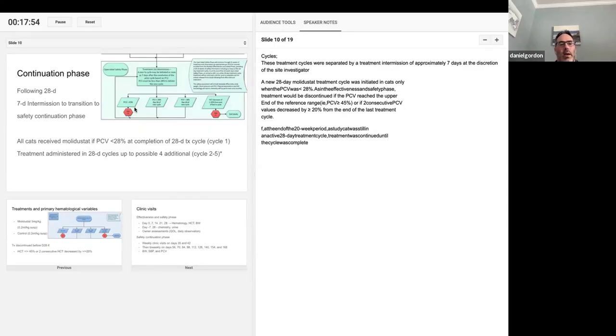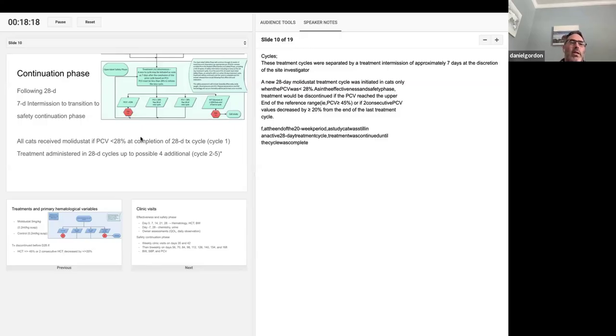All these cats received molidustat if their PCV was less than 28% at the completion of that first cycle. The treatment was administered in 28-day cycles for up to a possible 4 additional cycles. So up to 5 cycles, as we talked about, up to 6 months total.